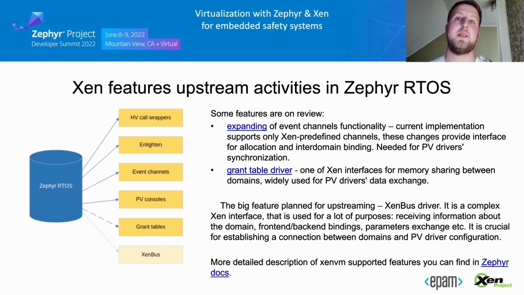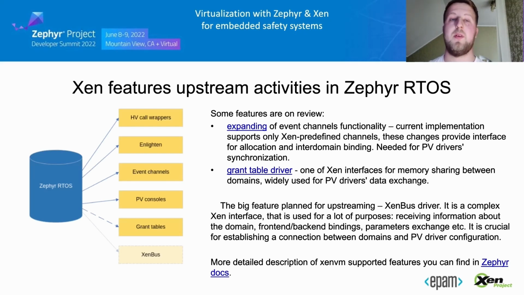Xen grant tables are an interface for memory page sharing between the domains. The Zephyr implementation will support page allocation, granting access to them, and mapping foreign frames to the Zephyr address space. These pull requests are available by links in the presentation.